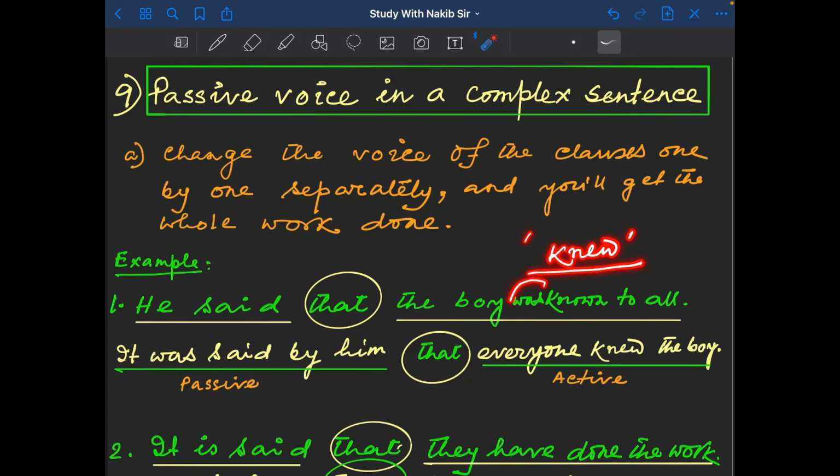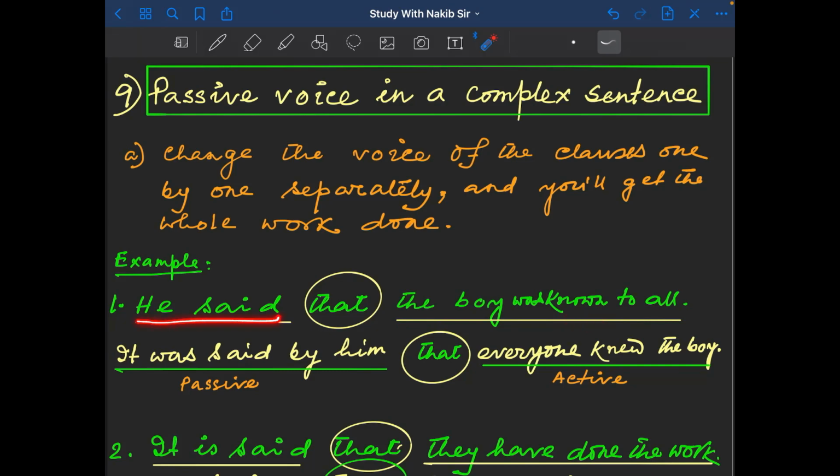So use knew for was known. Everyone knew the boy. This is the object. So everyone knew the boy. This is the active voice, and the boy was known to all is the passive voice.